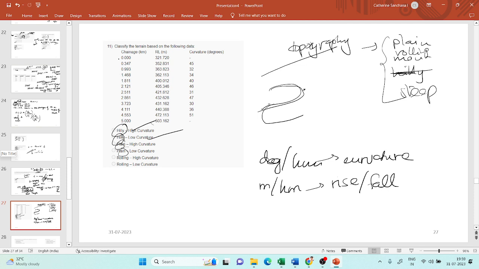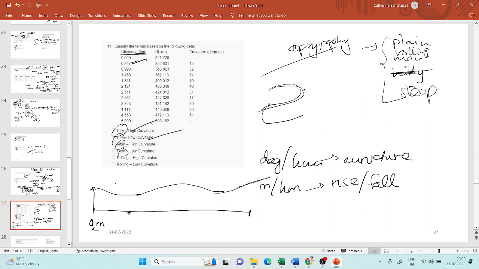So this is chainage. What is chainage? If I take a particular length of a road, if I take this as 0 meters, then at 0.347 kilometers I'm taking the next reading. RL is reduced level. RL is the height above the mean sea level, maybe. So maybe my section is like this.